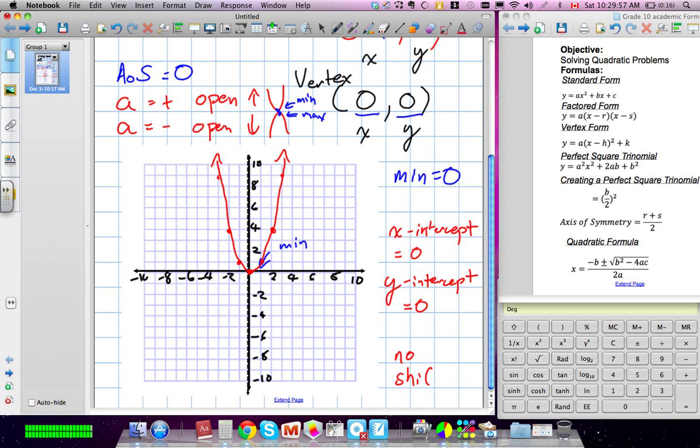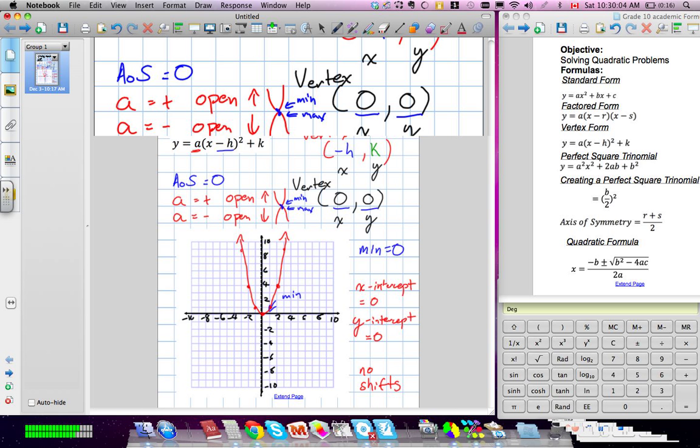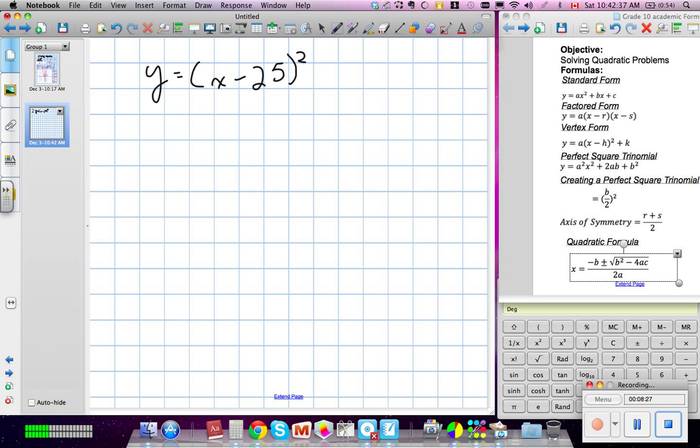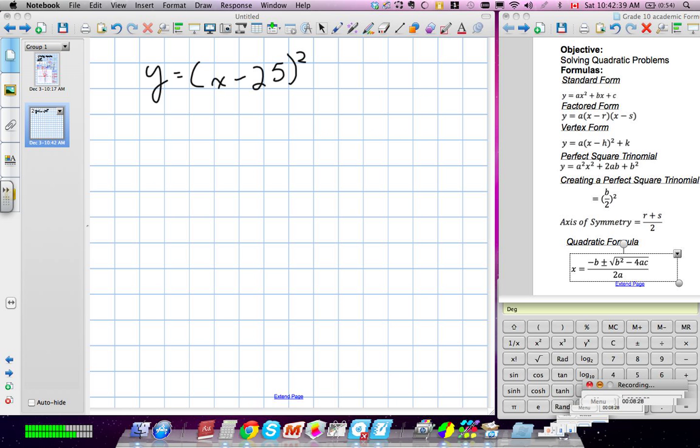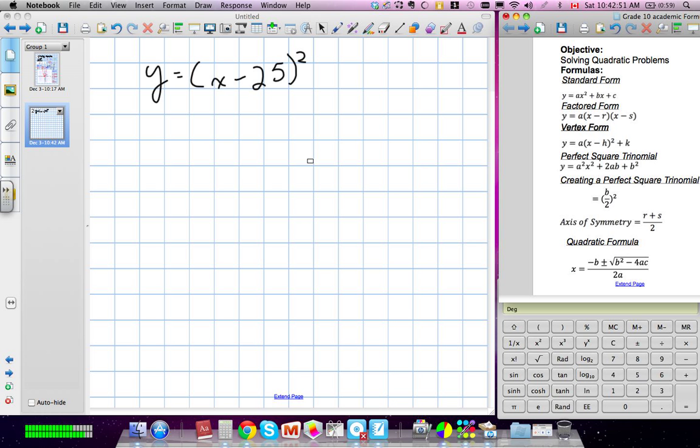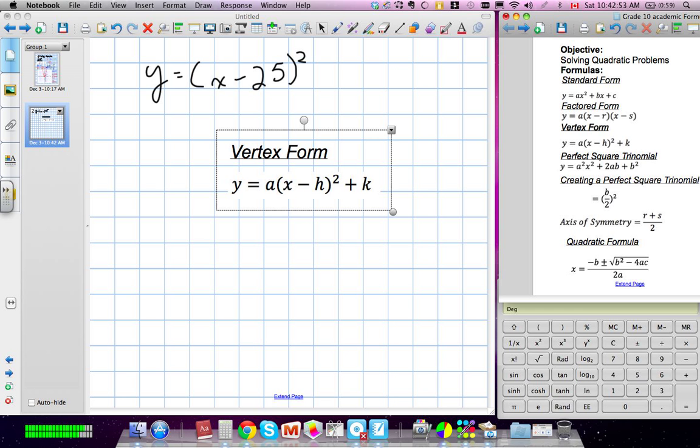Okay, so we're in vertex form, and we need to find the y-intercept. There's 2 ways we can go about doing this. Remember, we're in vertex form right now. I can change this from vertex form into standard form. I can tell you why after, because standard form will make it really easy for us to figure out what the y-intercept is.